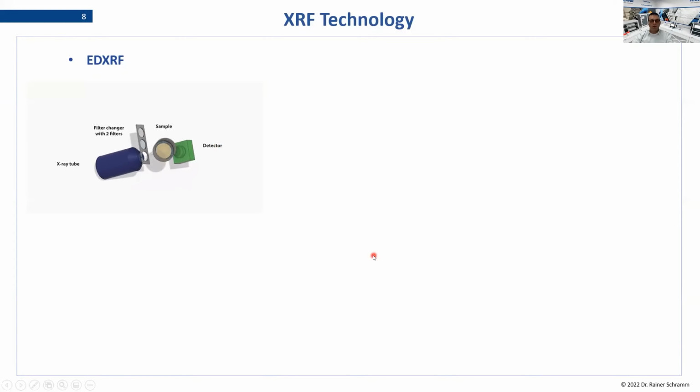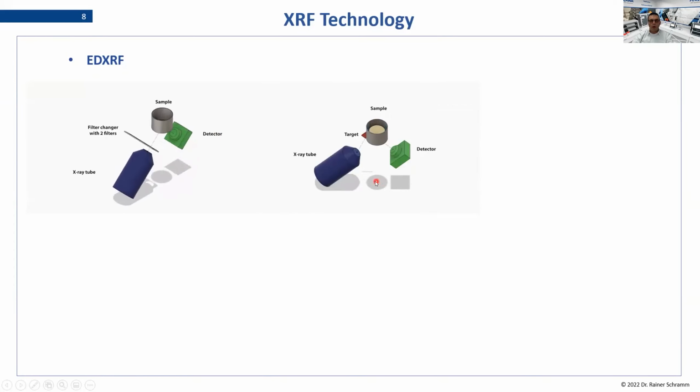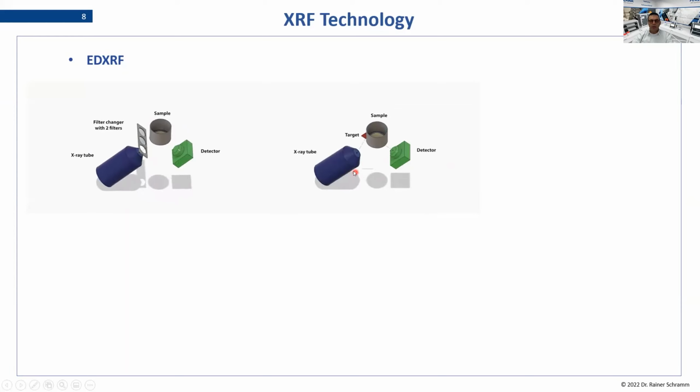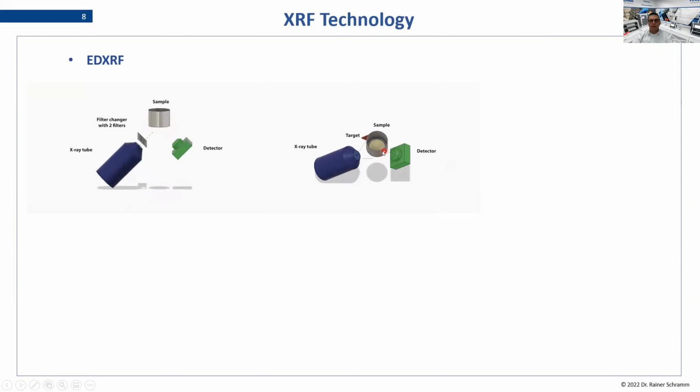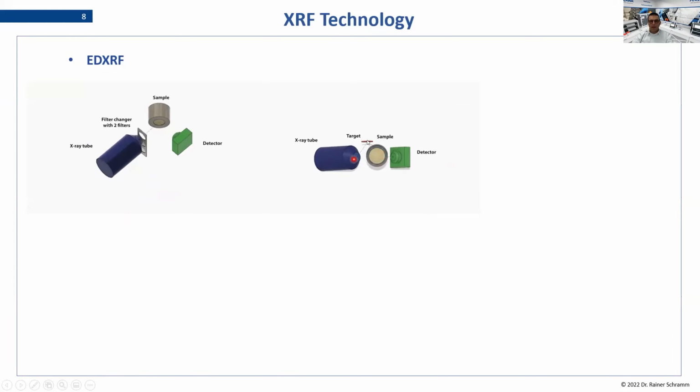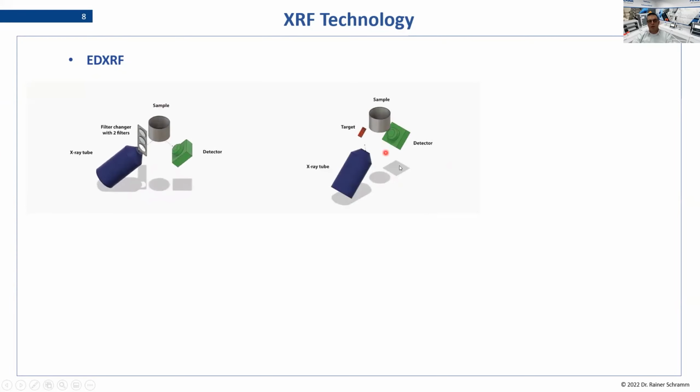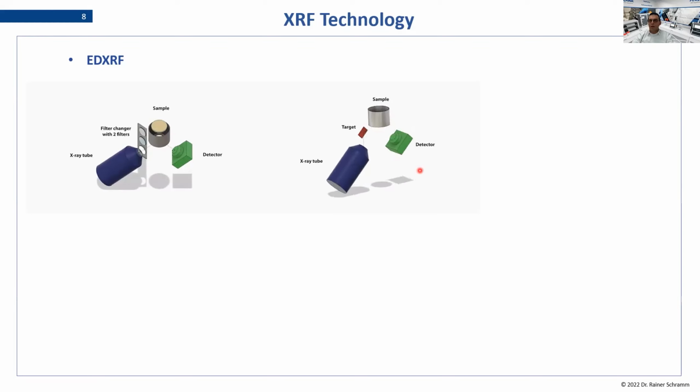There is a different approach, where we have a polarizer in between the tube and the sample, and this polarizer modifies the X-rays. In this way we can change the exciting X-rays and therefore optimize the elements we want to see.